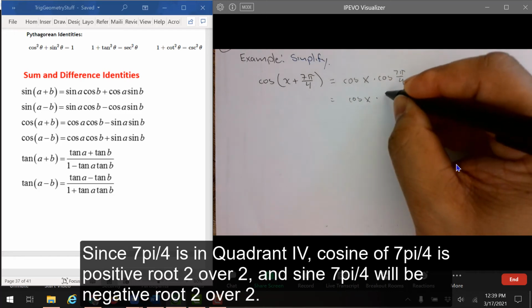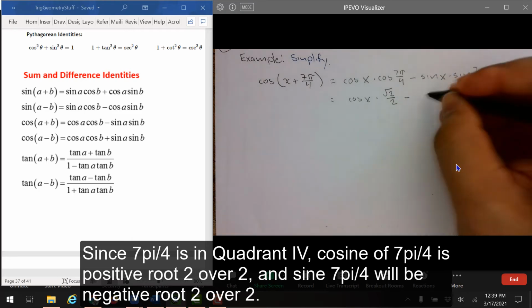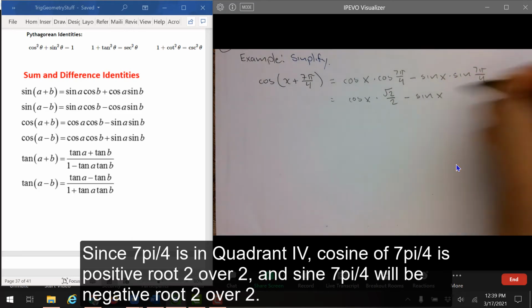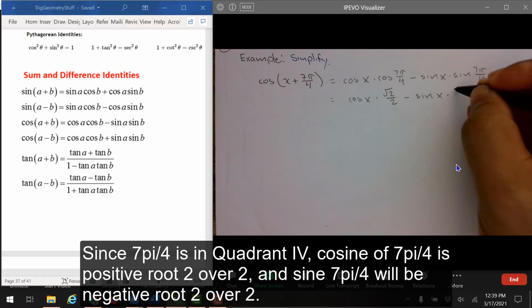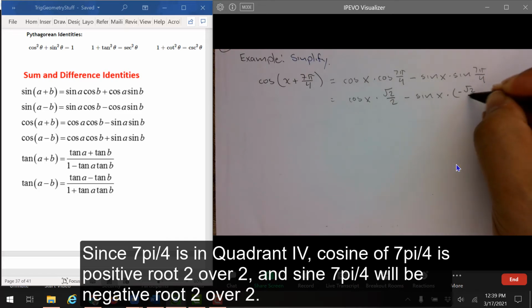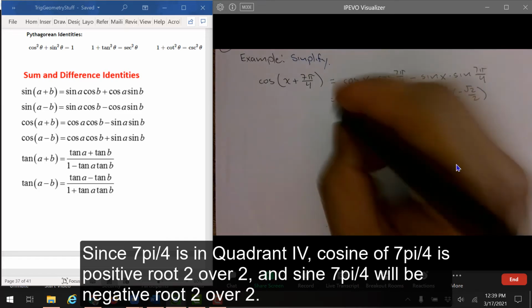Since 7 pi over 4 is in quadrant 4, cosine of 7 pi over 4 is positive root 2 over 2. And sine 7 pi over 4 will be negative root 2 over 2.